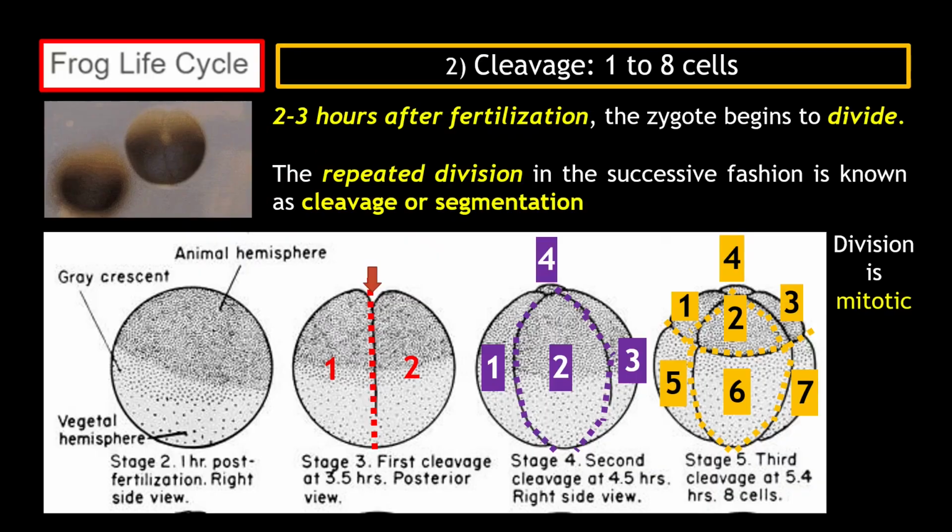So 2 or 3 hours after fertilization, the zygote begins to divide, and repeated division in successive fashion is known as cleavage or segmentation. The division is mitotic. Here the first one is north to south. The second one again is north to south, and now you have 4 cells.